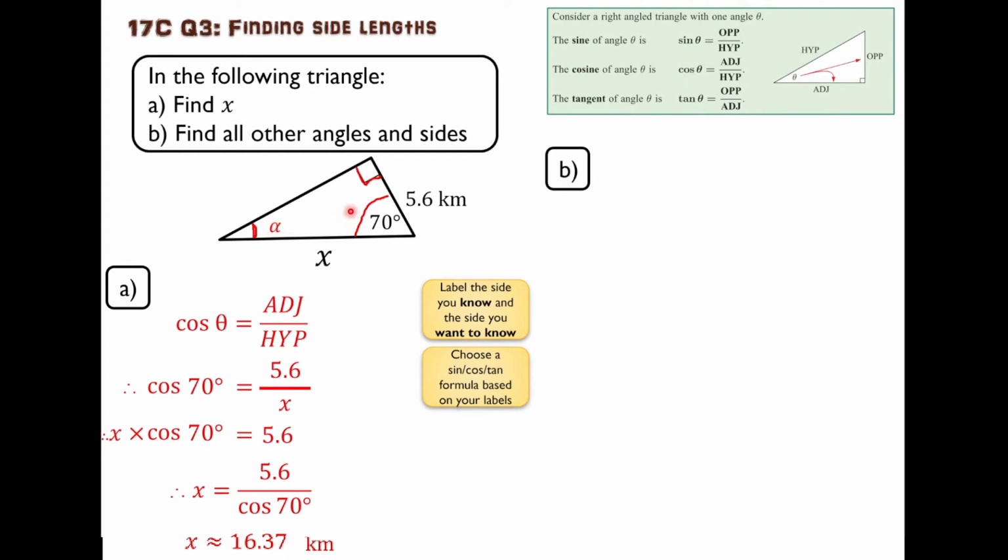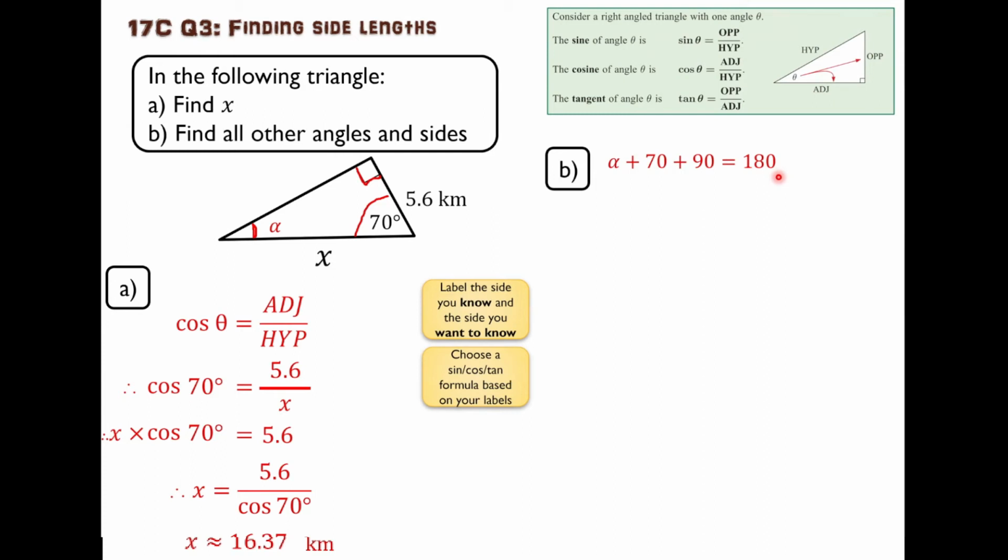Because look, the angles in this triangle are alpha, 70, and 90. But these are angles in a triangle, and angles in a triangle add up to 180 degrees. So alpha plus 70 plus 90 equals 180. When you add those three angles together, you should get 180. Did I say 190? 180.